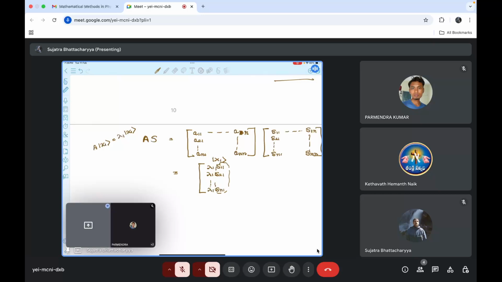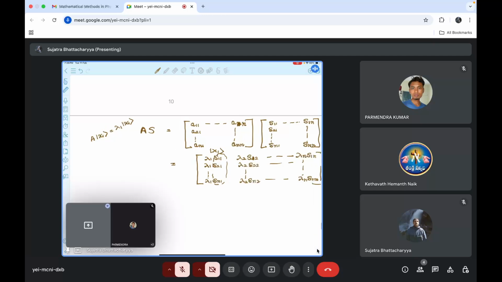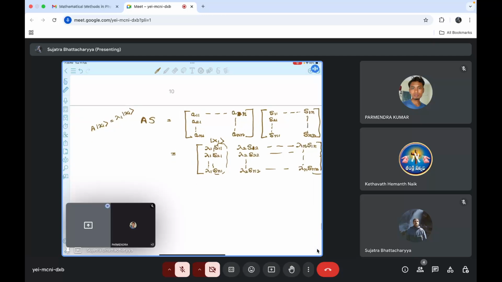So this lambda 1 will always be multiplied. Correct? Similarly, the second column becomes this. So it's x12, lambda 2 x22, so on up to lambda 2 xn2. This goes, this goes, this goes. Lambda n x1n, so on. Lambda n xnn. That's all. This is what the matrix will come up as.